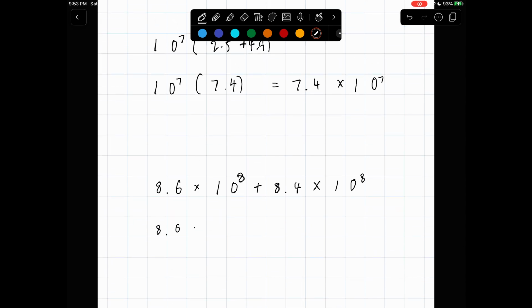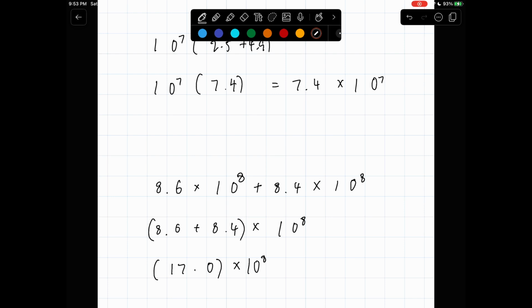8.6 plus 8.4. For this question, let's keep the 10 to the power of 8 at the back because it doesn't make a difference. 8.6 plus 8.4, you will get 17.0 times 10 to the power of 8. Remember the law. The law states that it has to be a number less than 10 but more than 1. 17 is obviously more than 10.